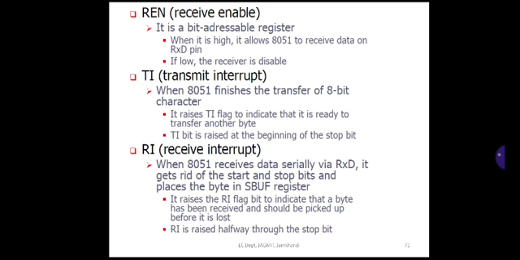If you make REN equal to 0, serial data reception will be blocked. As I already told you, the TB8 and RB8 bits are not used, so they are made equal to 0.